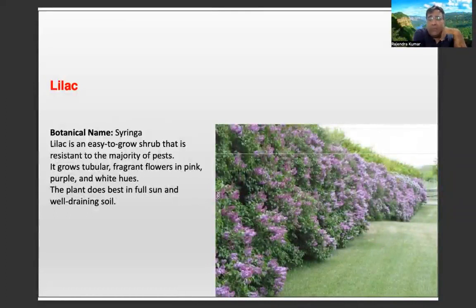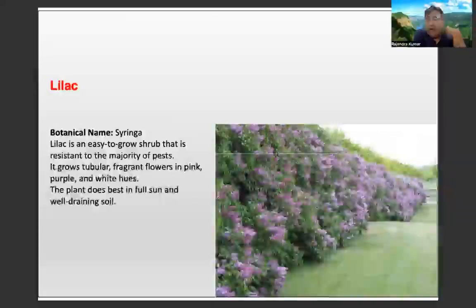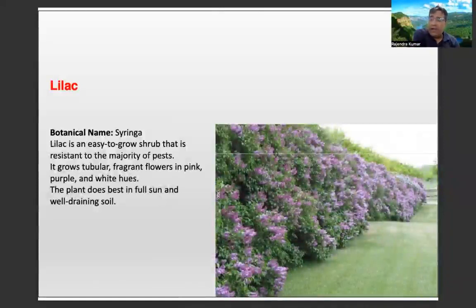So many times these kinds of plants are used in parks where there are fewer pests, any kind of termites or mosquitoes. Pest resistant plantations are used for public spaces where people sit and relax.